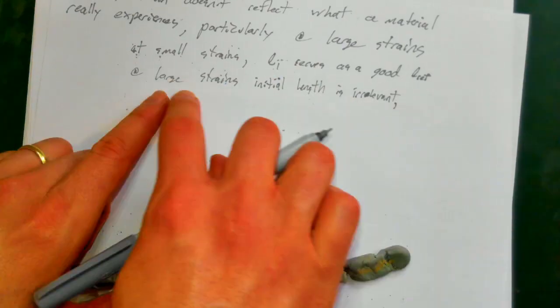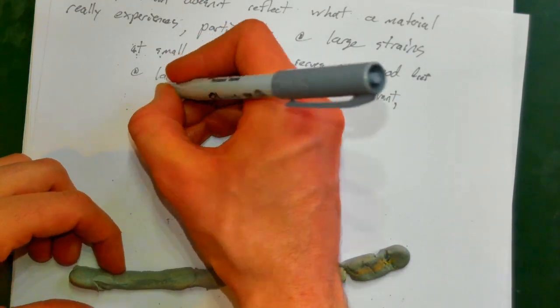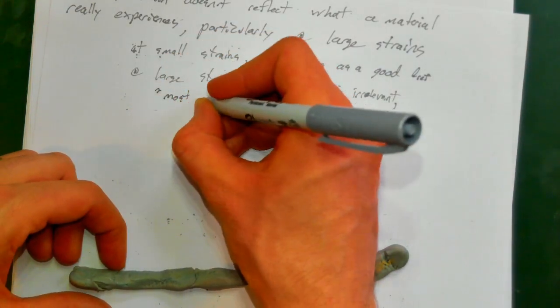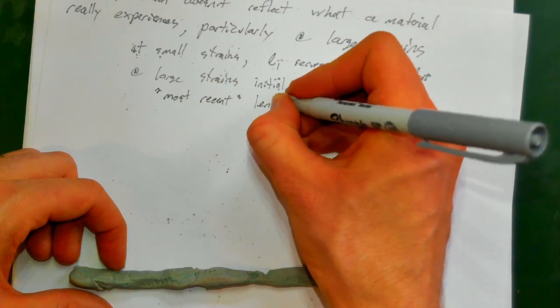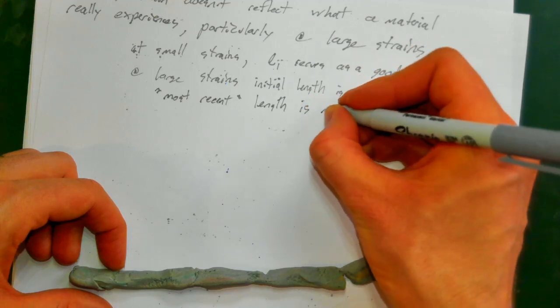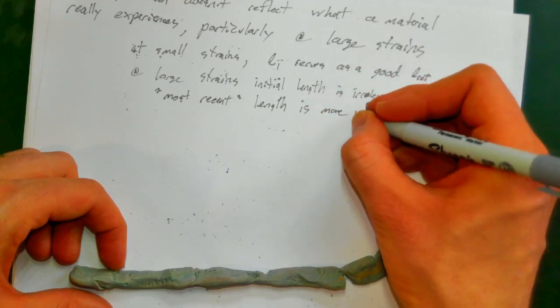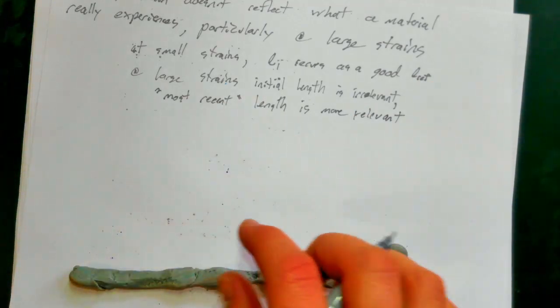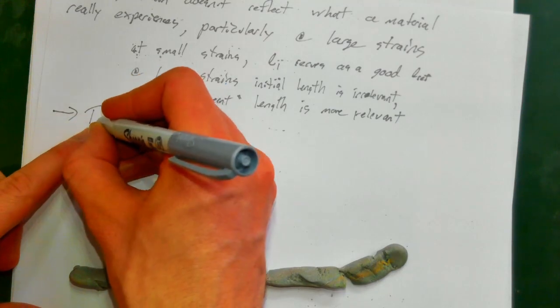When we have large strains in a material, the initial length is irrelevant and the most recent length is more relevant. This leads us to the idea of defining something called true strain.